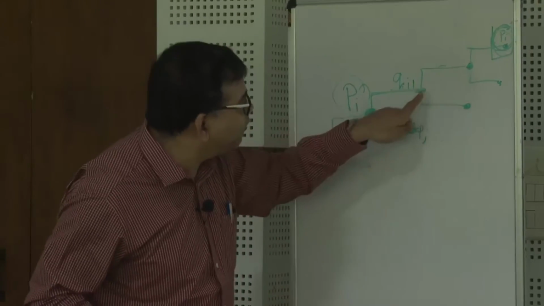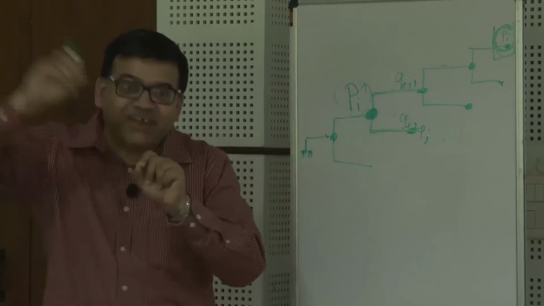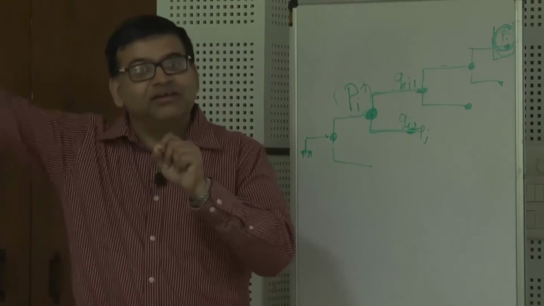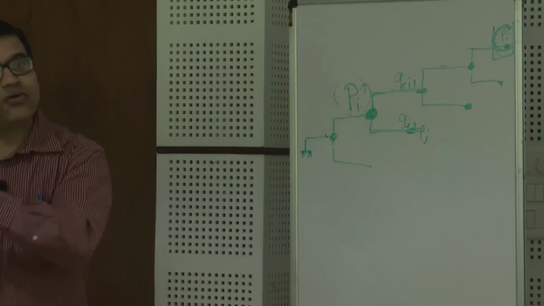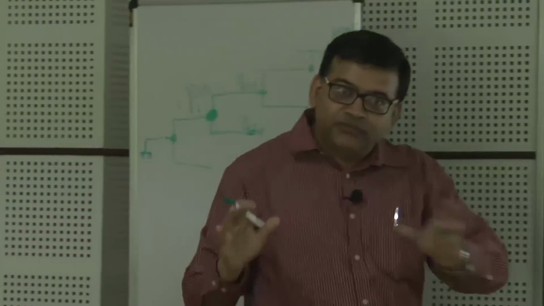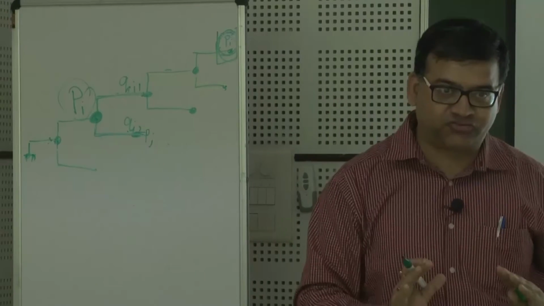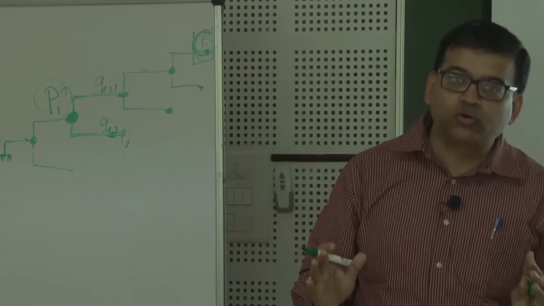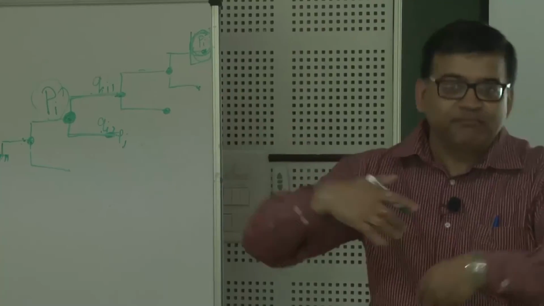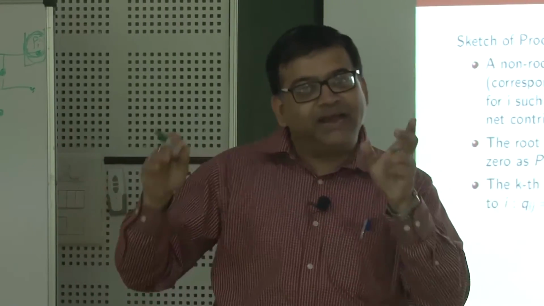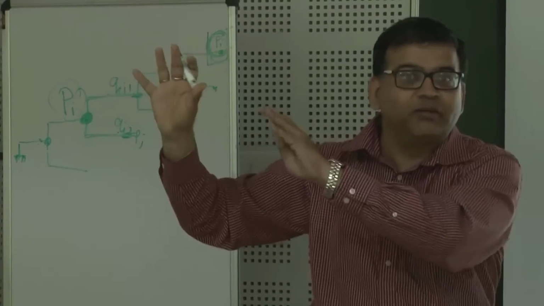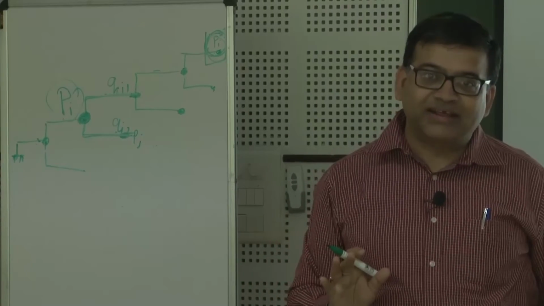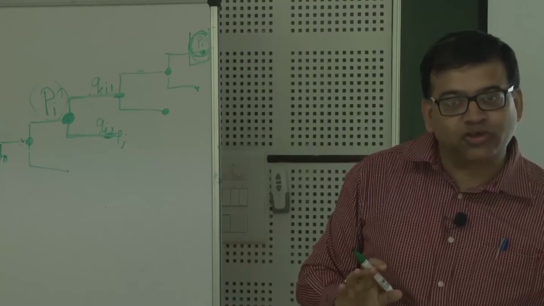So, when you add up all the nodes which have a leaf ending, that contribution is never going to get cancelled out, because that leaf is always going to contribute the minus qij term, it would never be a node. So, when you add over all the nodes, any non-root node which does not have a leaf, they will all cancel out, and for any non-root node which has a leaf, only the leaf probability will remain, others will all get cancelled out, and the contribution of the root node is also 0.